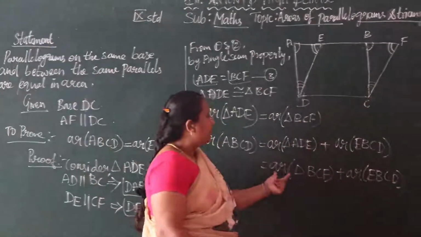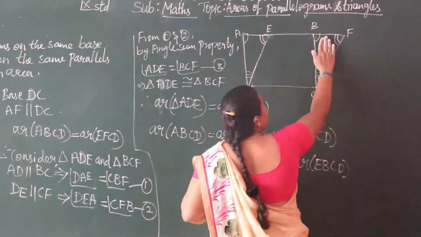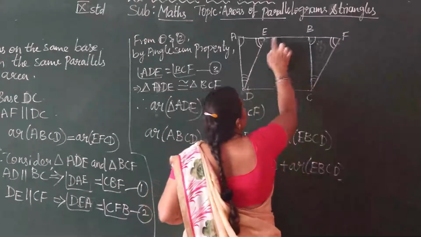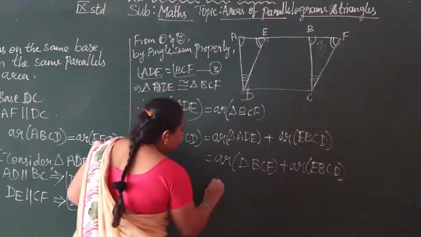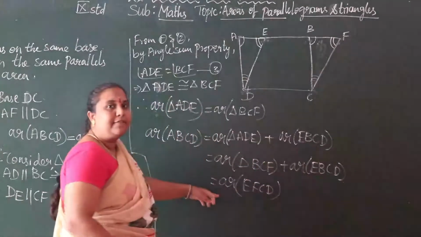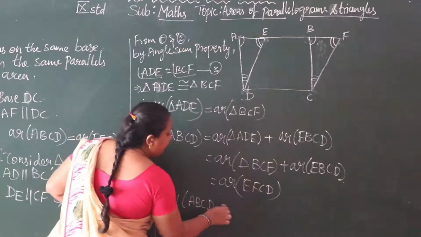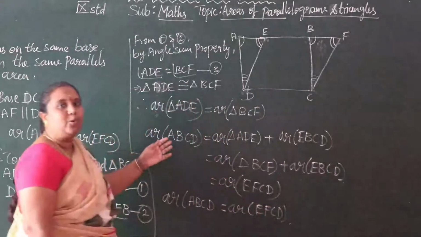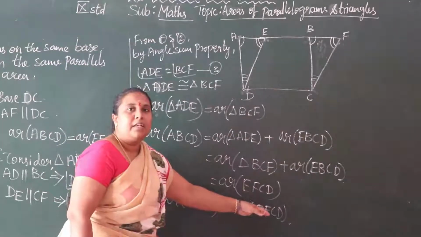Now see, triangle BCF is this part, and together with EBCD this we can say is parallelogram EFCD. So area of ABCD equals area of EFCD. Now we have proved this.